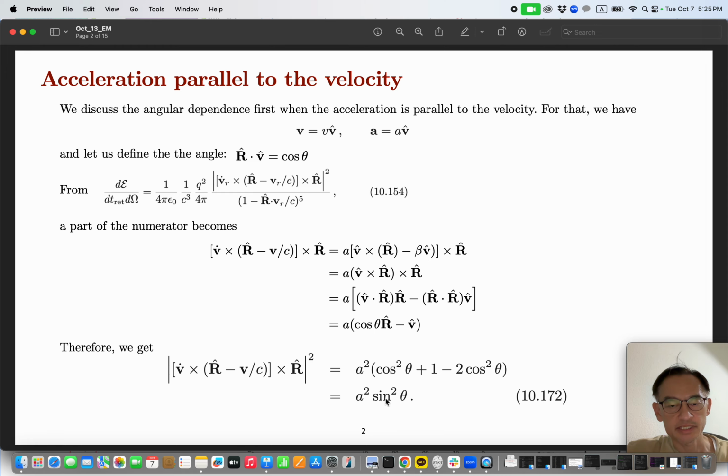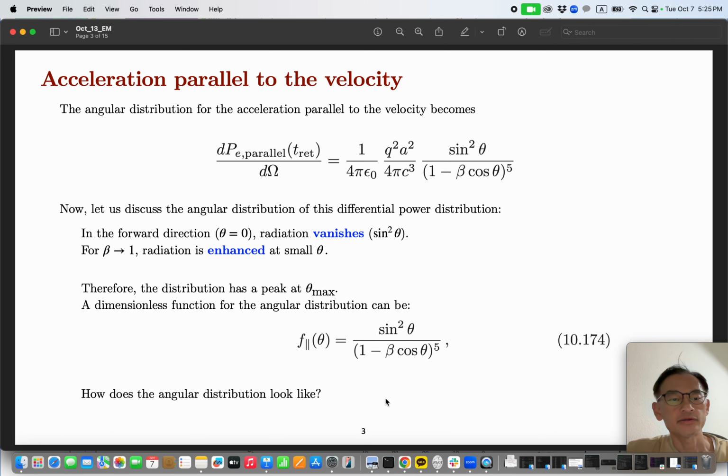That's the step. Then you can replace those angular dependences with this angular distribution, so that now you have this term. Now we want to talk about the distribution qualitatively as well as quantitatively. First, qualitatively, let's look at the forward direction where theta is equal to 0.